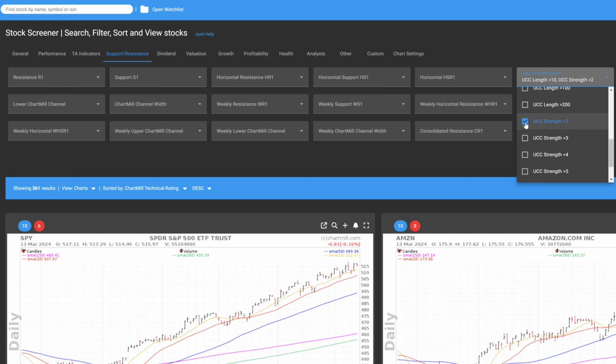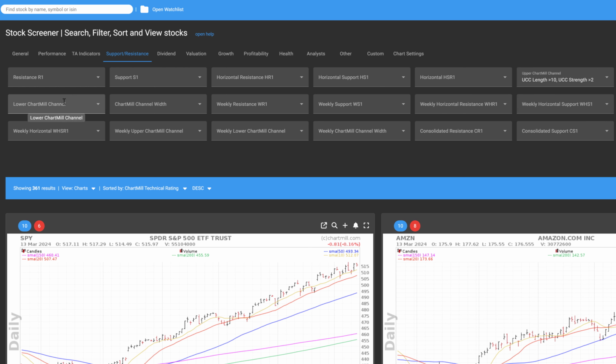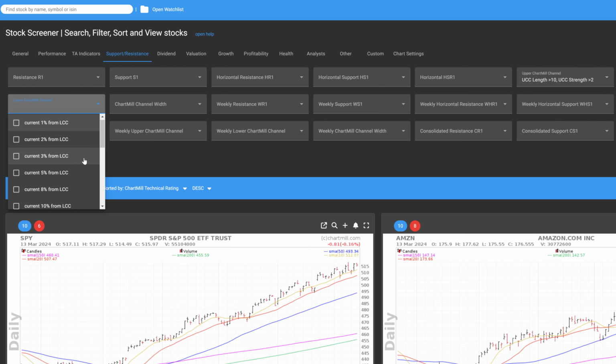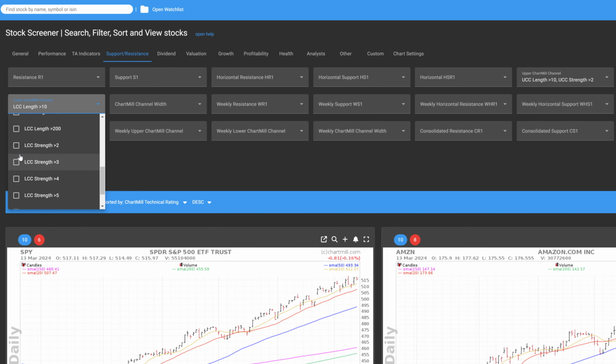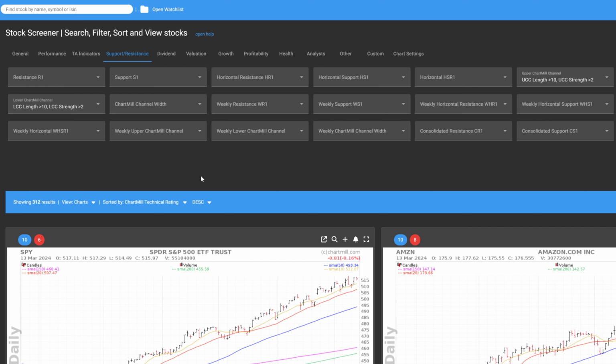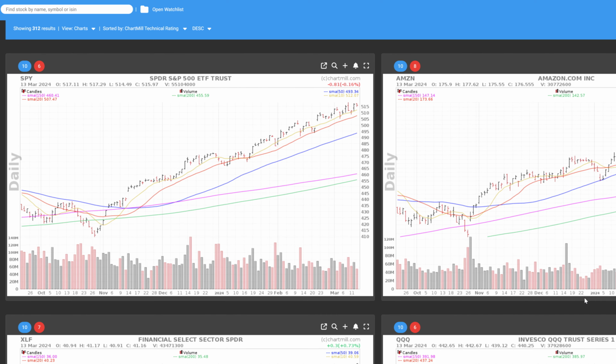That means that price touched the upper ChartMill channel at least 2 times. And then we're going to do the same for the lower ChartMill channel, so the length above 10 and the strength above 2. So only 312 stocks remain.